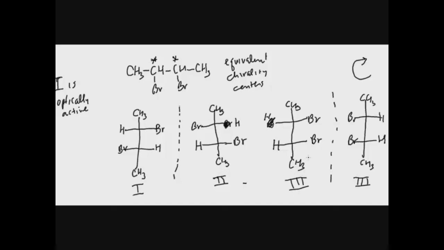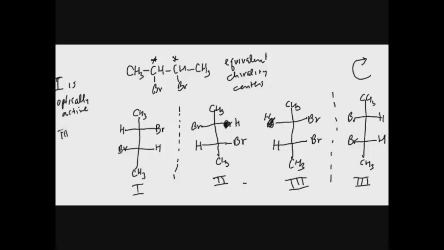Now we come to number 3. The key question: is number 3 optically active? Think about it. Well, there's a couple ways to look at this. Number 3's mirror image is superimposable on the original. That means that 3 is achiral.